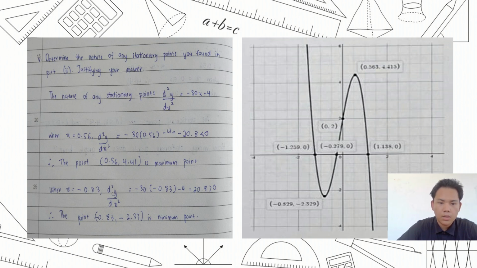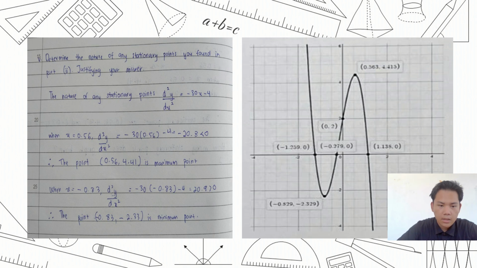When x equals 0.56, d squared y over dx squared equals negative 30 multiply 0.56 minus 4 equals negative 20.8, less than 0. The point (0.56, 4.41) is a maximum point.